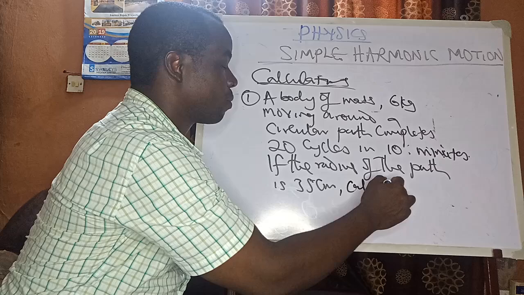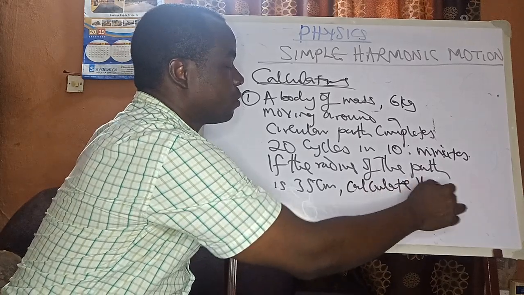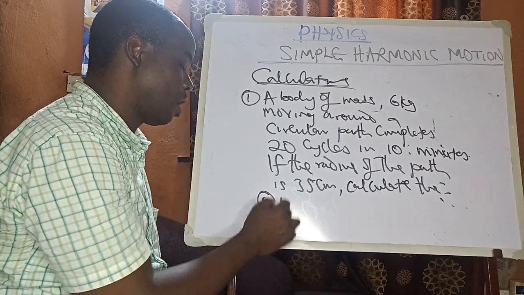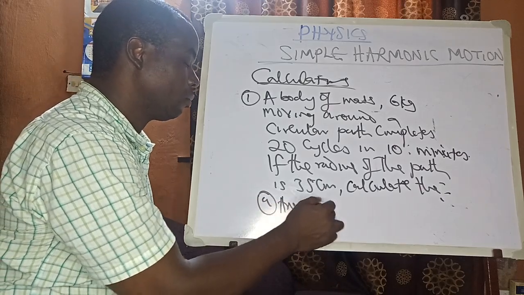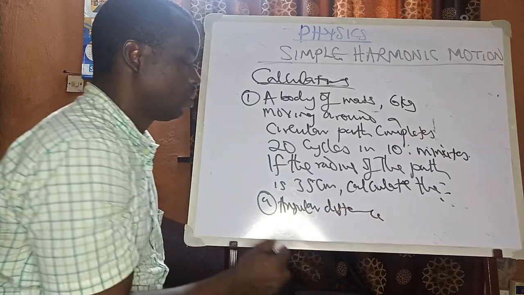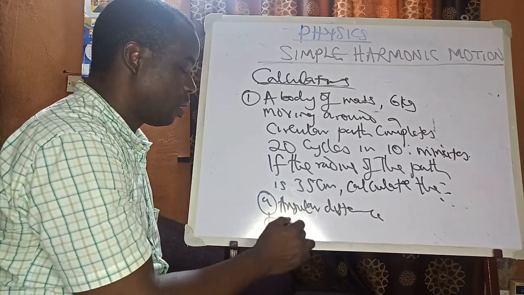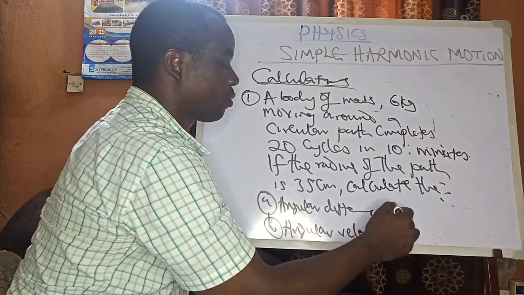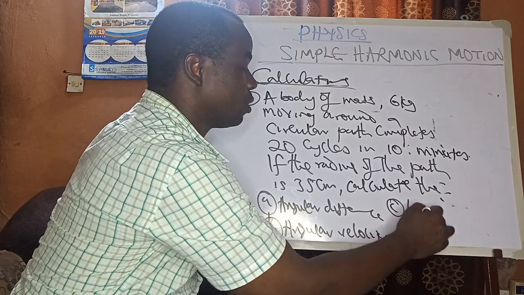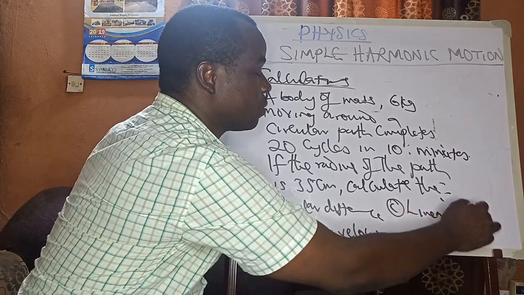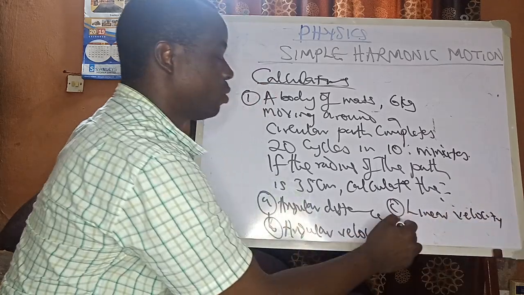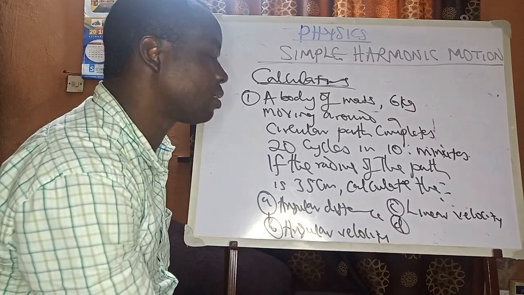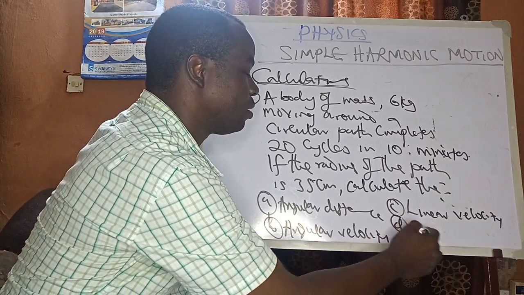Calculate A, angular distance, B, angular velocity, C, linear velocity, D, what do we take as D now? Okay, let's take centripetal force.